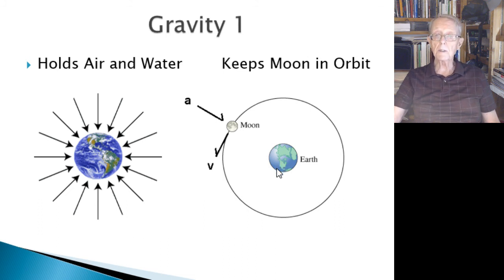When our solar system orbits the galaxy, gravity 1 controls that. So it's not just the Earth, it's not just the Earth and moon, it's at the galactic level. That's how far gravity goes and can control the motion of these larger objects.